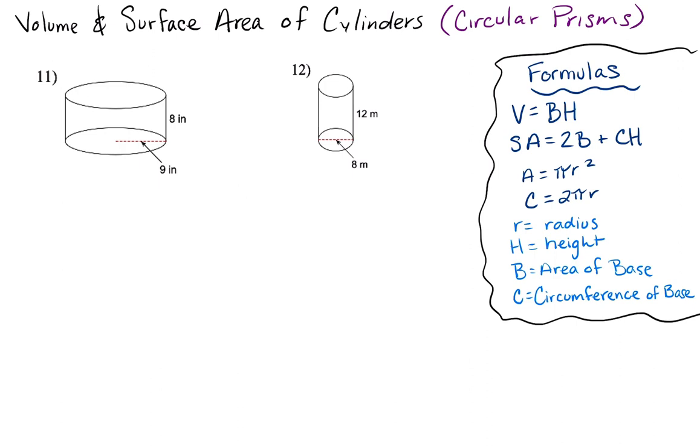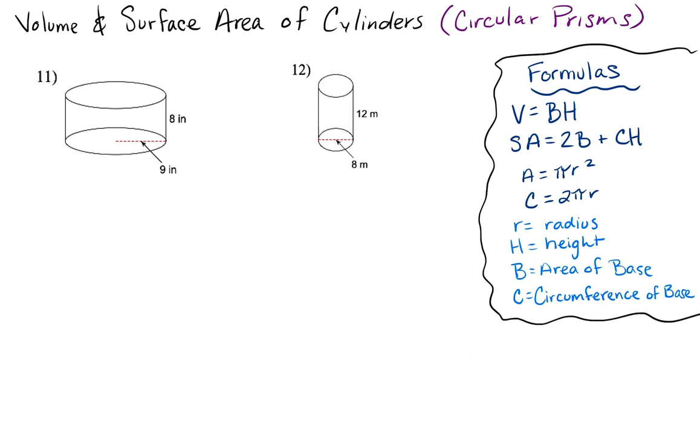To calculate the volume of a cylinder, we're going to need the area of the base times the height of the overall cylinder. Since we're dealing with a circular base, that area of the base, or B in the volume formula, is going to be the area of a circle.